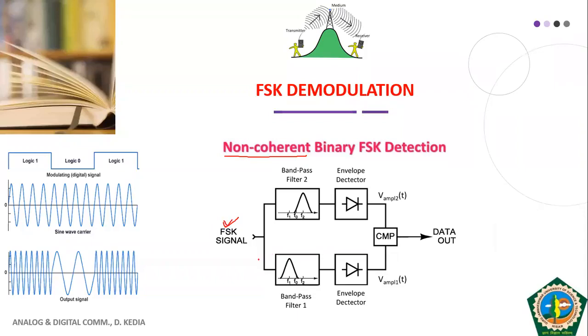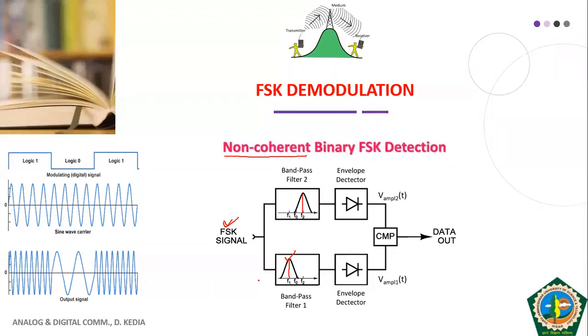In case of FSK, we will have two frequencies, F1 and F2. So we use two band pass filters centered around F1 and F2 respectively.